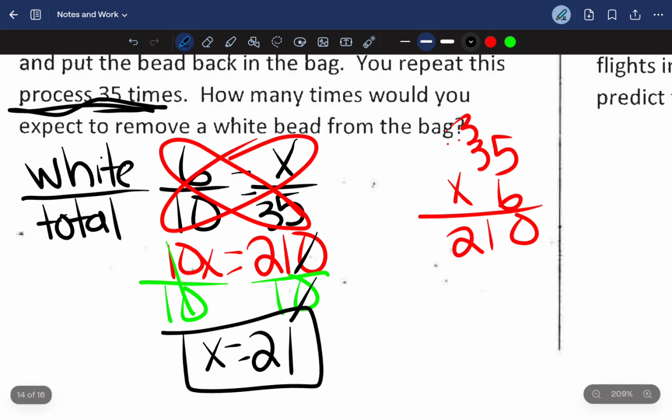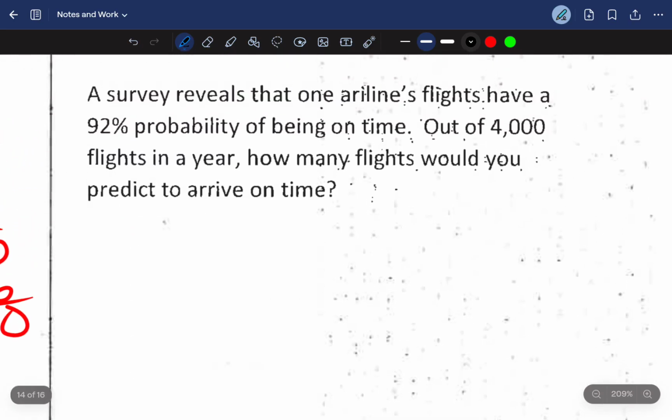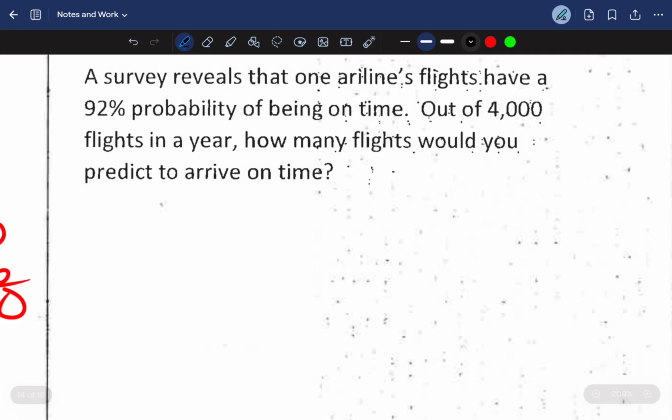All right, we're going to do just one more, and it's this last one. So just scoot over to the right side. Okay, it says a survey reveals that one airline's flights has a 92% probability of being on time. Out of 4,000 flights in a year, how many flights would you predict to arrive on time? So I'm looking at how many are on time because the rest of them are not on time.